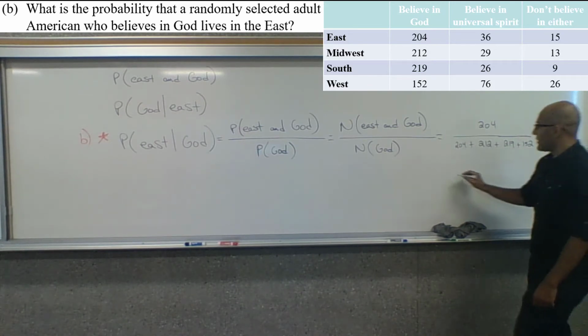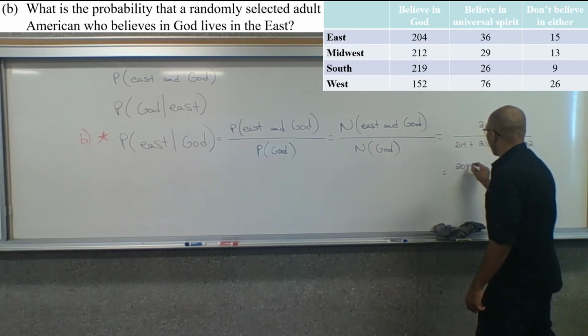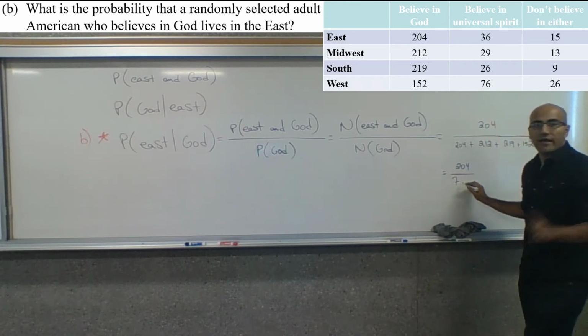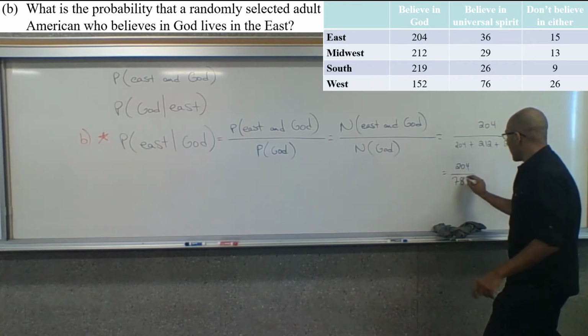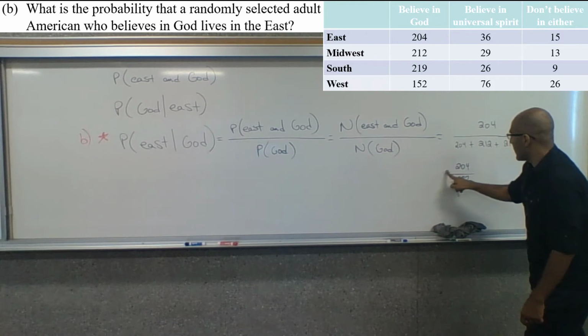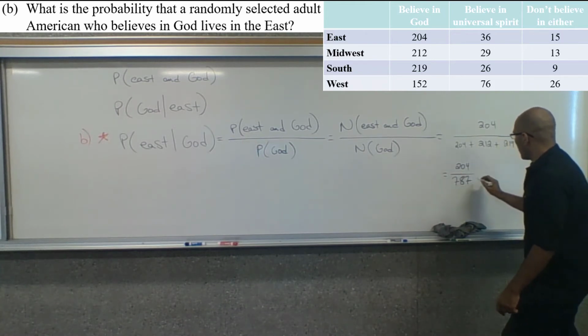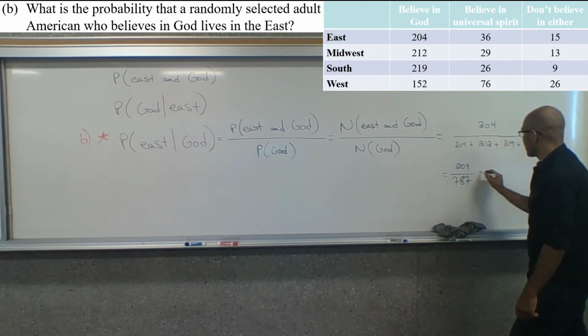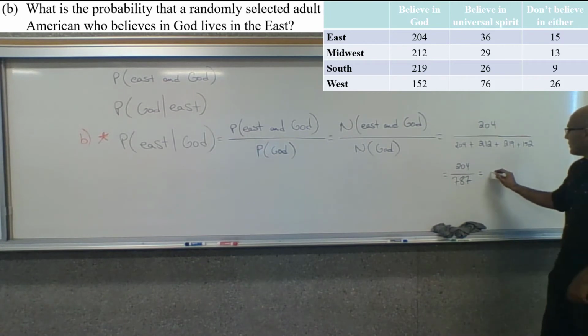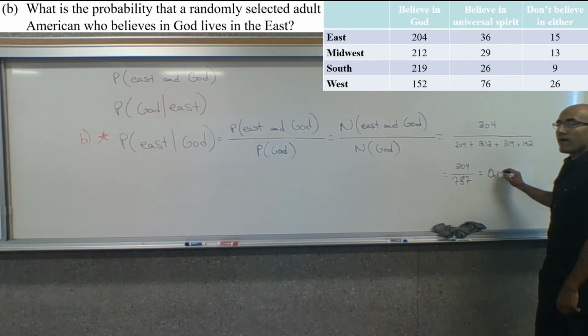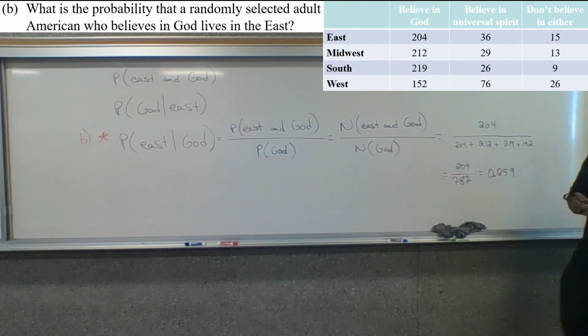So that's going to give us 204 divided by 787, and we can turn that into a decimal, which would be equal to 0.259, close to 26%.